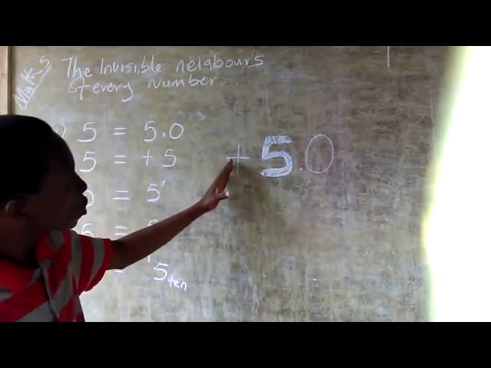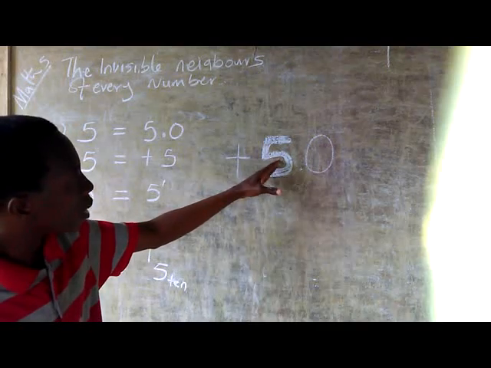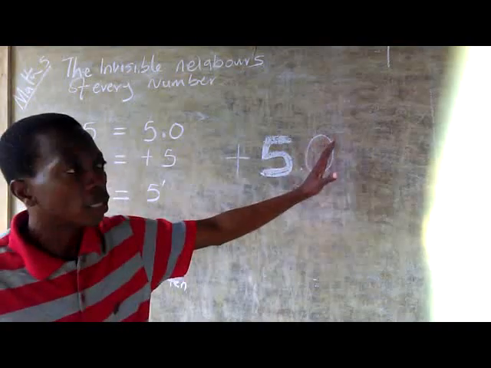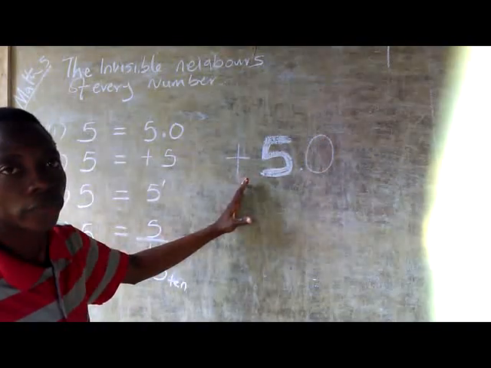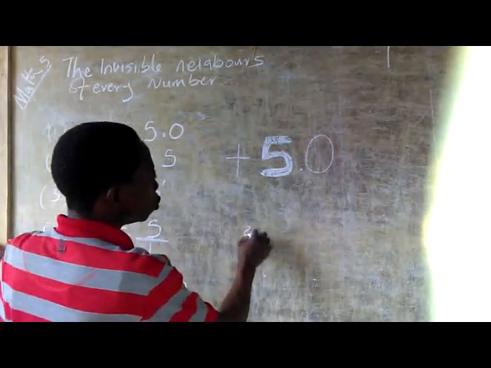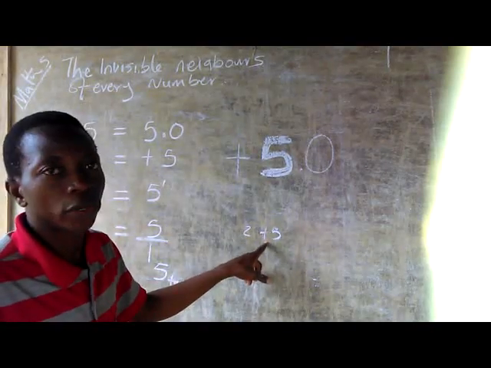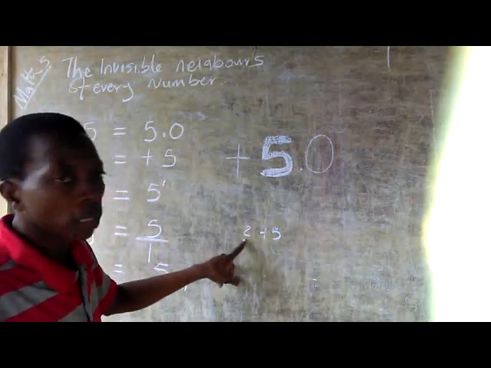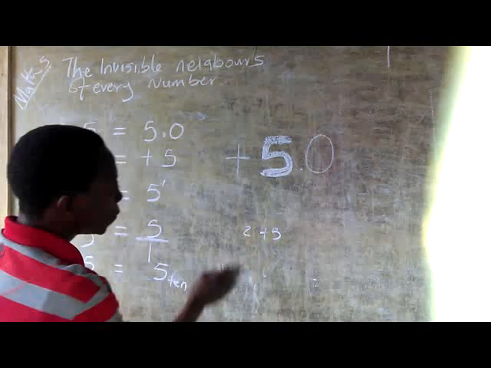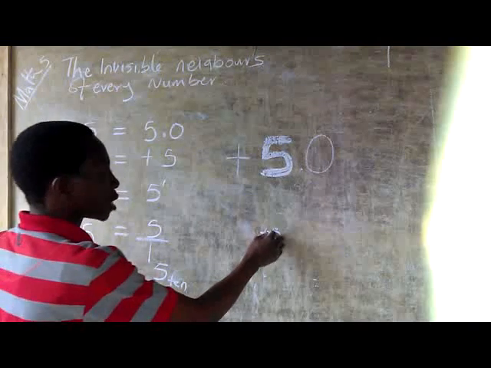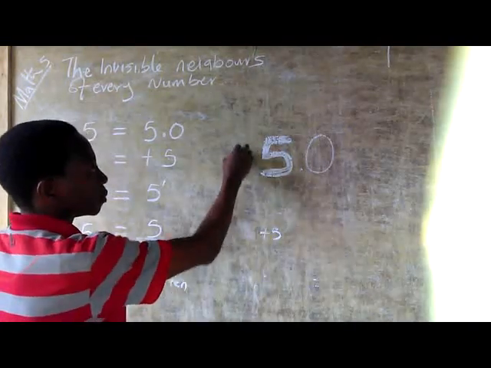For plus before a number, if plus is the beginning of that number, it can be invisible. If you have 2 plus 5, this plus cannot be invisible because it's not the beginning of the number. But if plus 5 is the beginning, then the plus can be invisible.